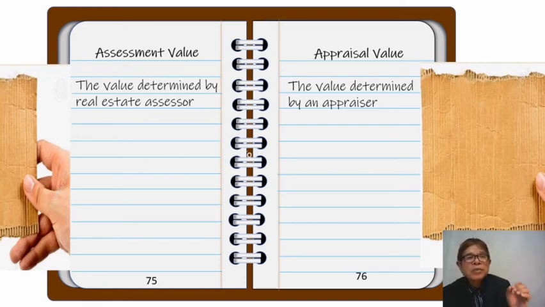Appraisal value is also one consideration of the lender to determine the loan value of the property. Loan value should be lower than appraisal value to ensure that the lender can resell the property at a price that can pay back the amount loaned.